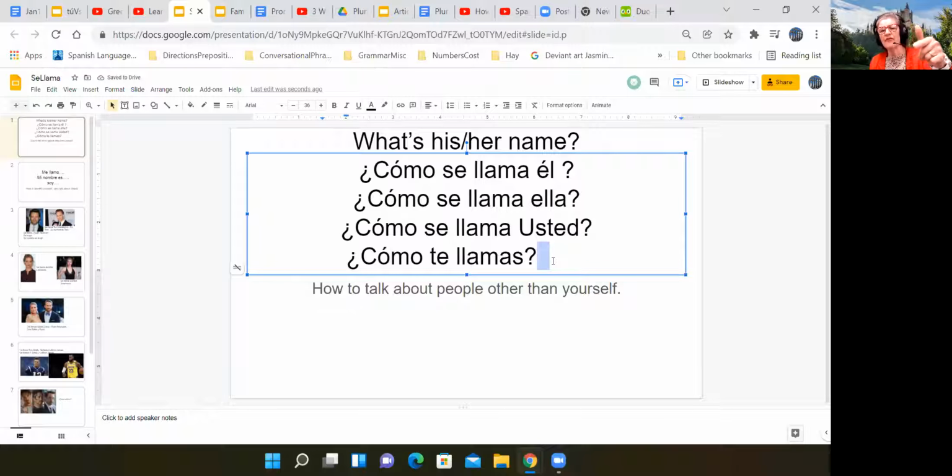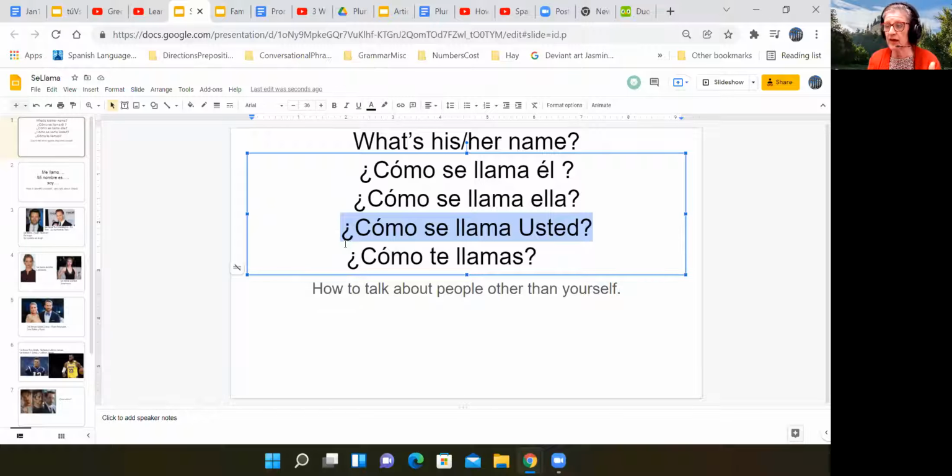Now, you as a traveler are not going to use ¿Cómo te llamas? very much unless you're talking to a little kid, right? The form you're going to use, because you want to be super polite, because by being polite you encourage people to want to help you, is ¿Cómo se llama usted?